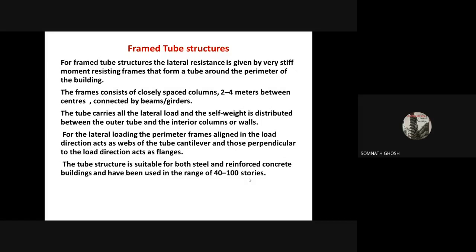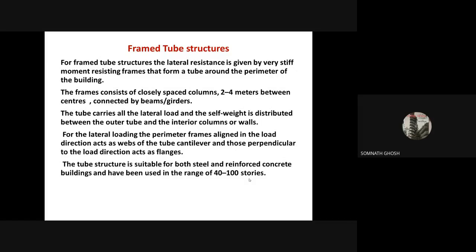That means, suppose it's a big building, but along the perimeter the columns are closely spaced, maybe within 2 to 4 meters. Then what will happen? That will act as a tube, as if along the perimeter you construct a thick wall. It will behave like that.